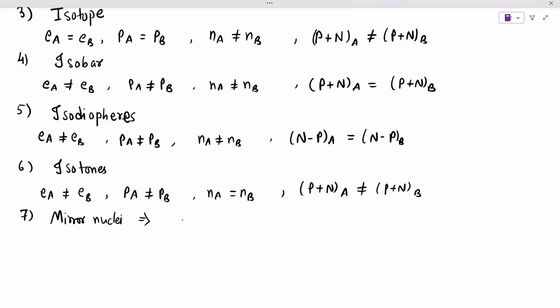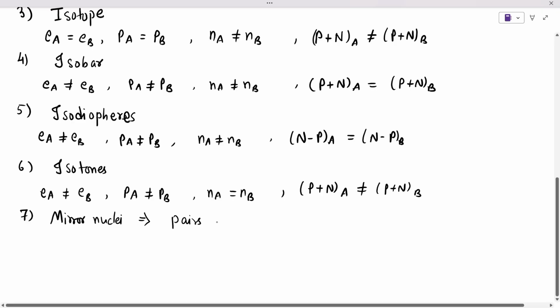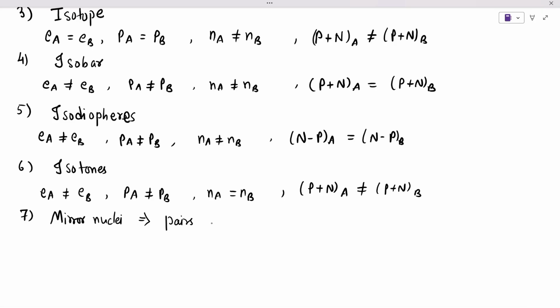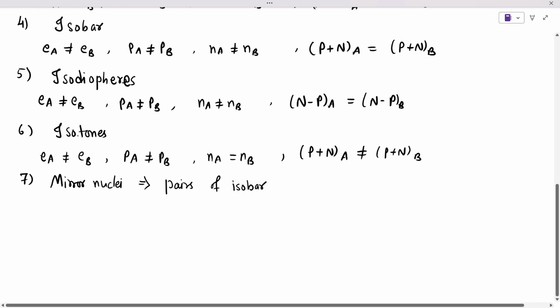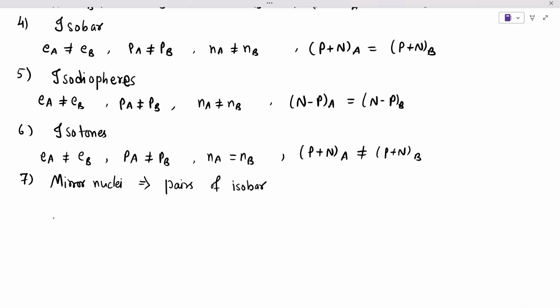Mirror nuclei are those nuclei which form pairs of isobars. Mirror nuclei are also called pairs of isobars. In isobars, we have different numbers of protons, electrons and neutrons, with the same mass number. In the case of mirror nuclei, protons and neutrons are different, but they differ by one only.